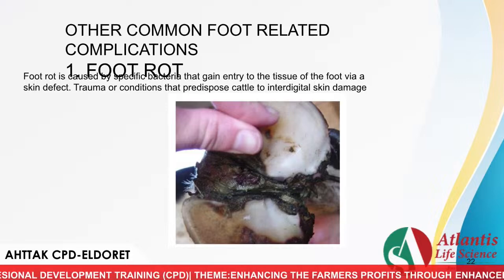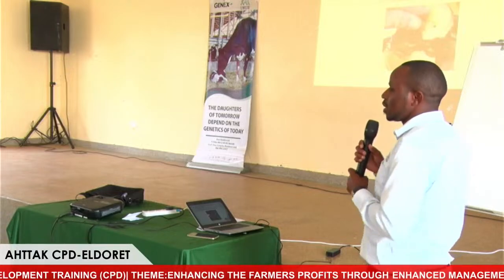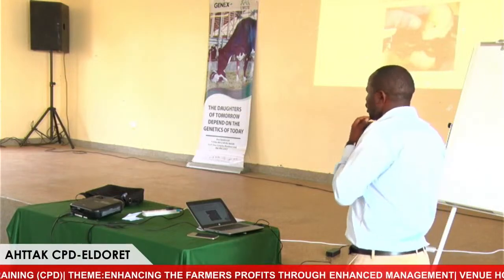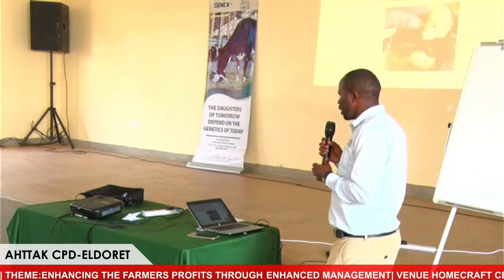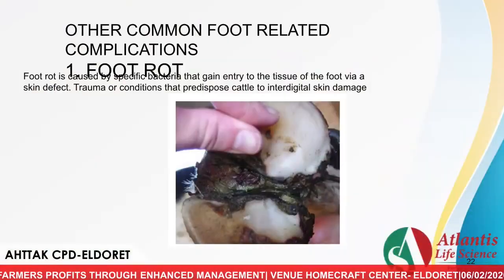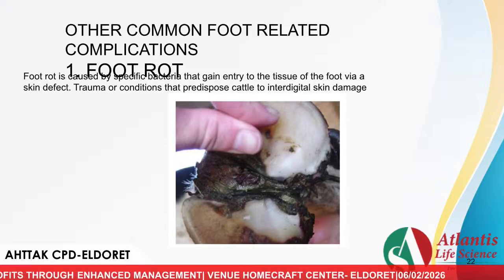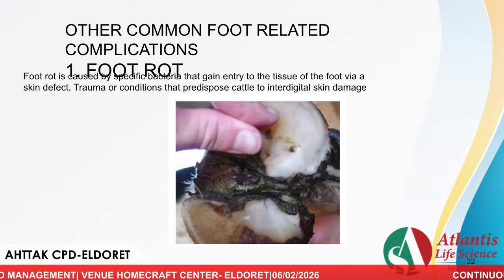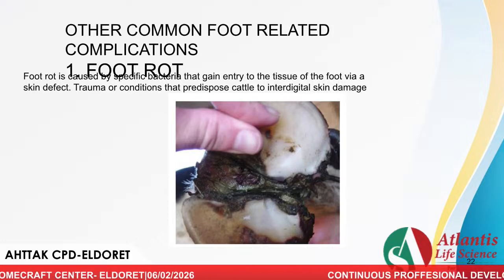We have other issues that may come in to cause lameness in animals. So we have other common foot-related issues, and the most common one is this one, the foot rot. I think we've had a lot of cases.